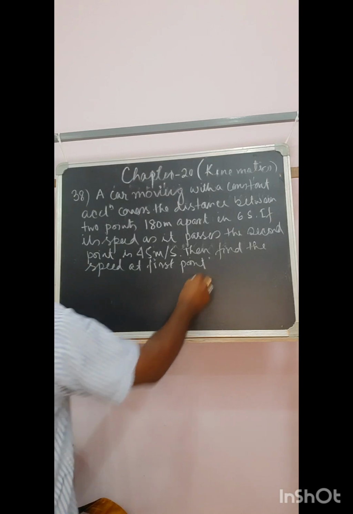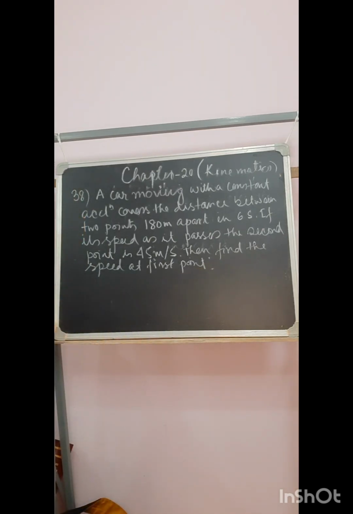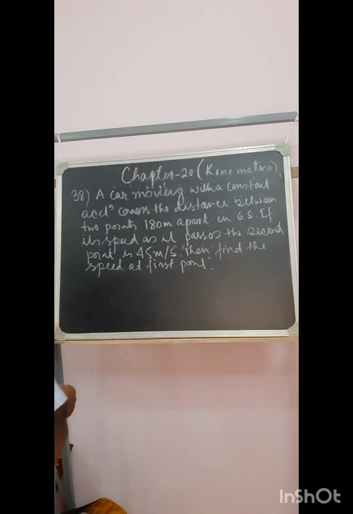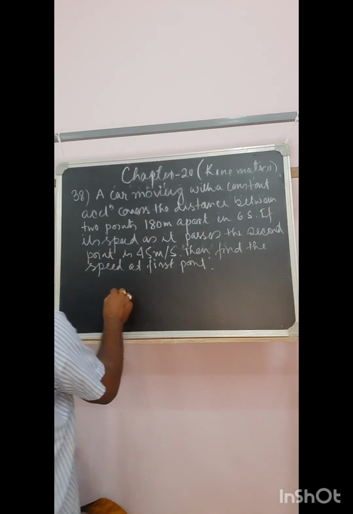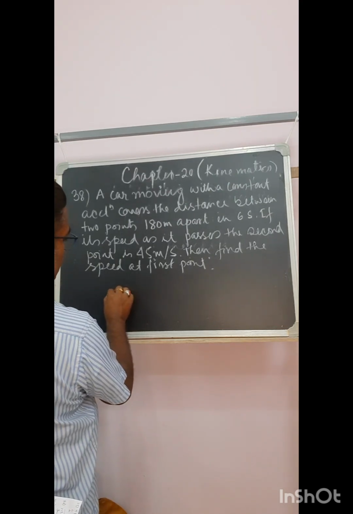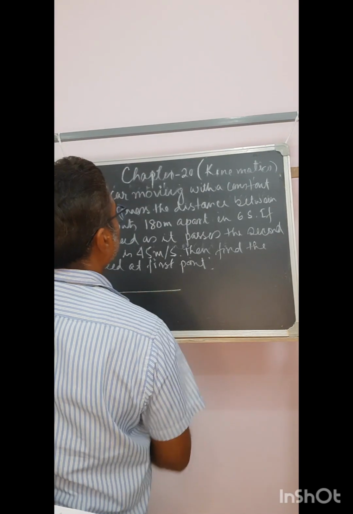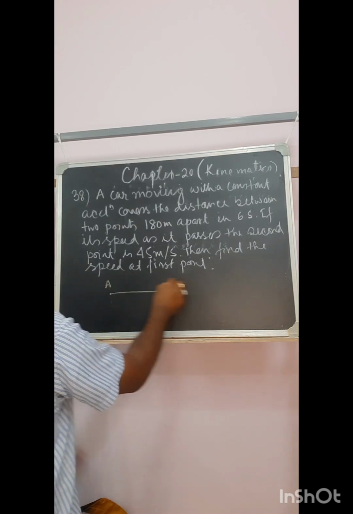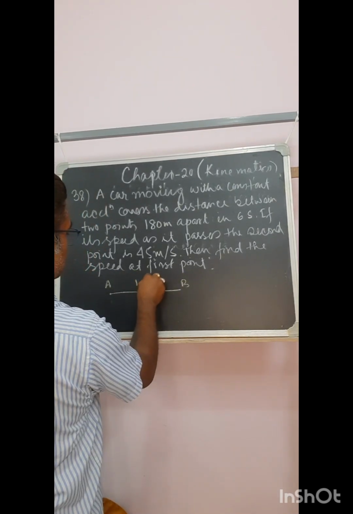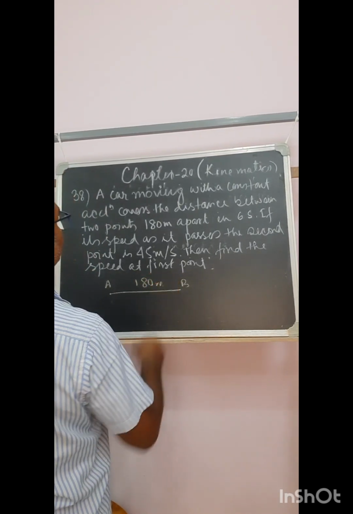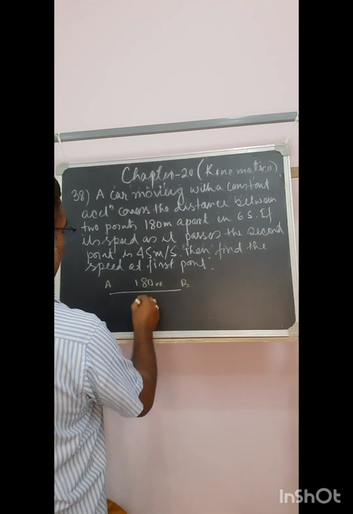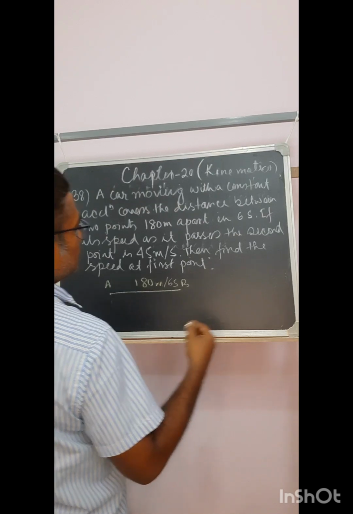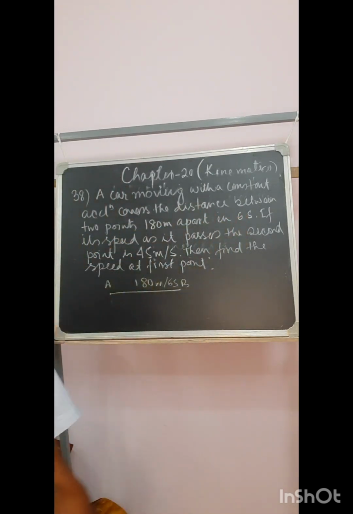Okay, so this is your task. A car is moving with a constant acceleration, so we can assume it moves in a straight line and covers a distance between 2 points, A and B. The distance is 180 meter apart, covered in 6 seconds.